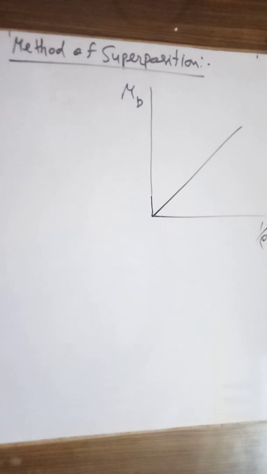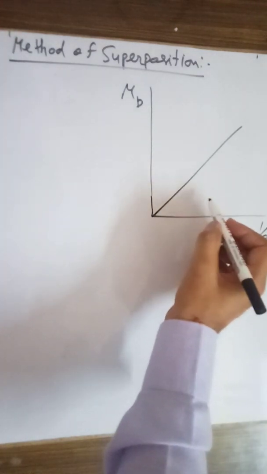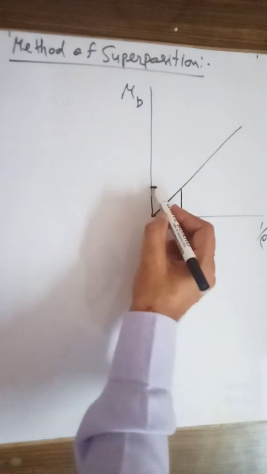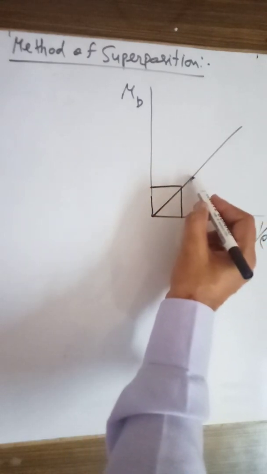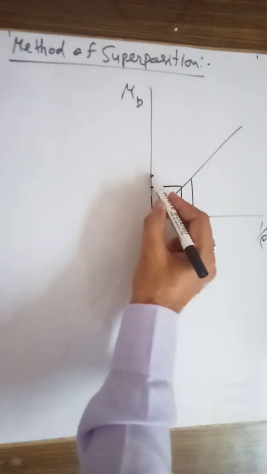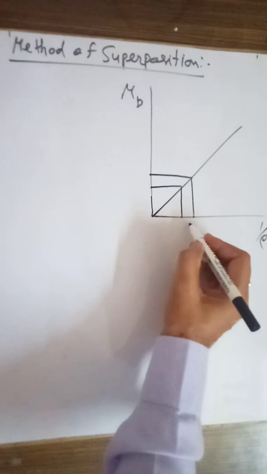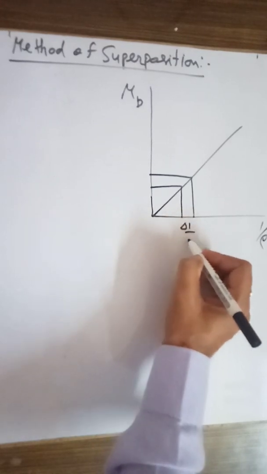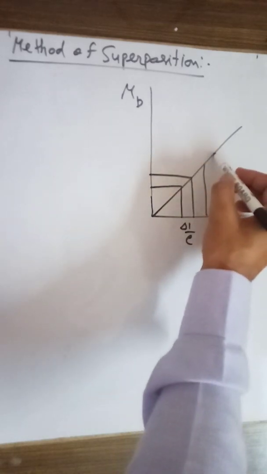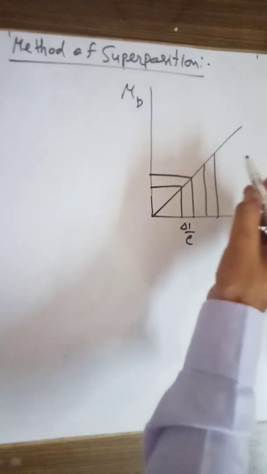So let me draw this structure here. If we consider a small part at equal distance, let's say here it is delta 1 by rho, and similarly more segments we can consider here.